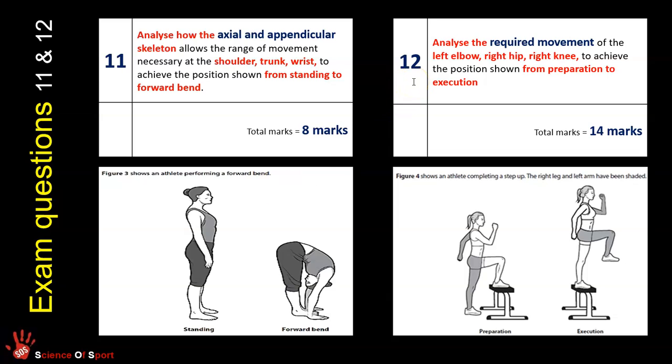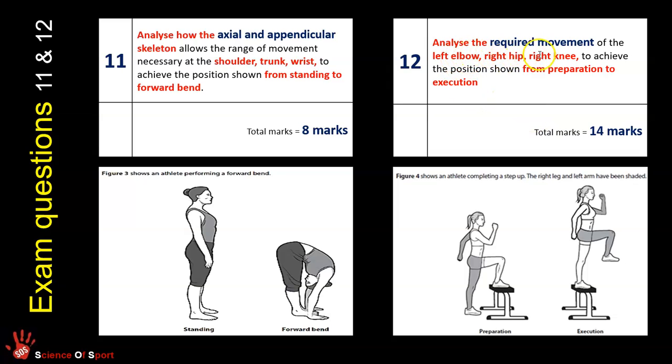Question 12 does the same, with a specific phrase: analyse the required movement. If it says required movement, we know it wants muscular information as well as skeletal information. The other difference is it's worth 14 marks because it draws upon muscular information too. But the structure of the question is fairly similar.